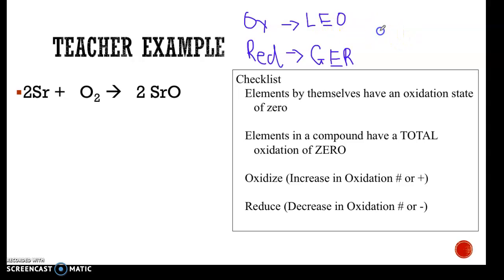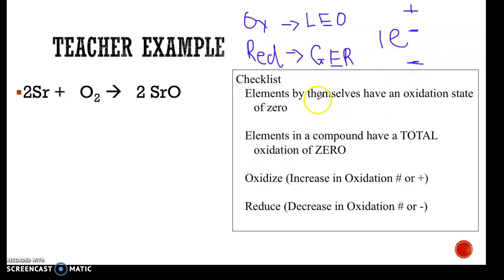But one thing you need to remember is that we're working with electrons. Electrons are negative. So because we're working with electrons, when we lose electrons, oxidation, we become more positive. But when we gain electrons, we become more negative. If you keep that concept in mind, you should be able to work your way through this, right?